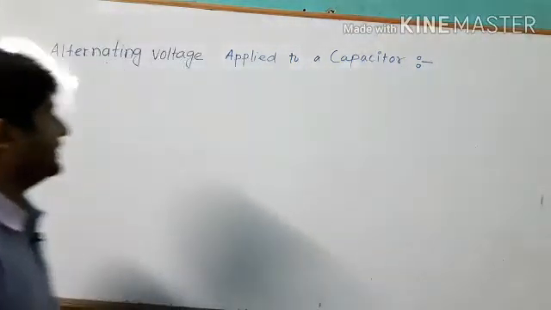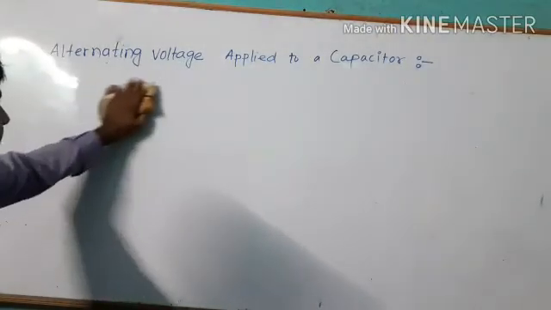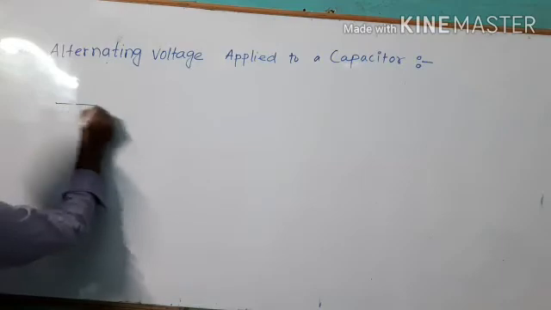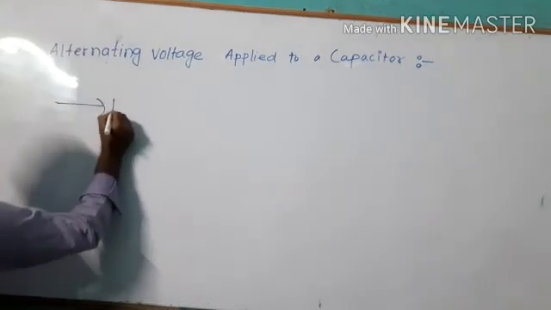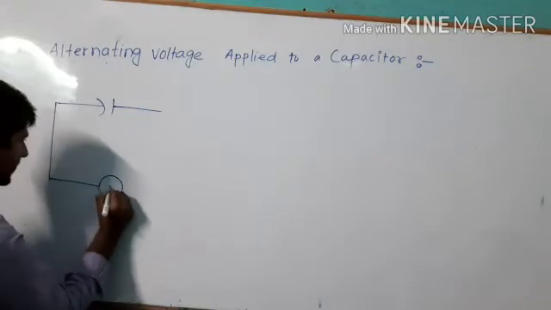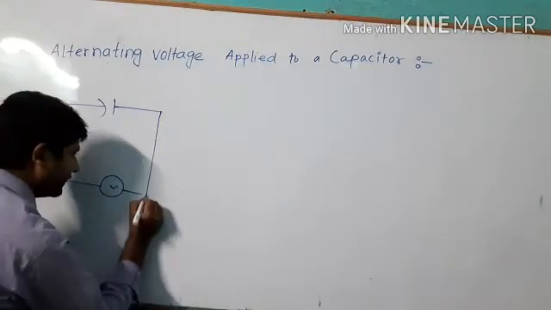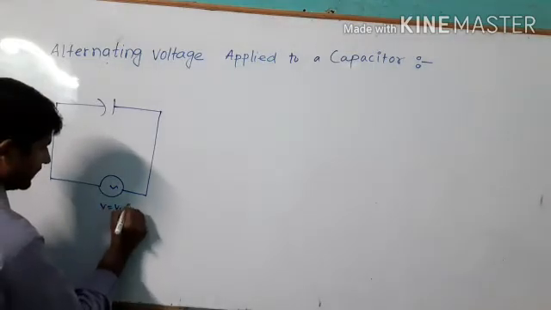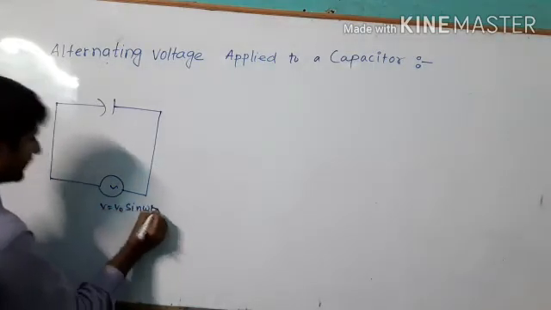Now we will discuss a purely capacitive circuit, that is AC circuit containing only capacitor. Suppose a capacitor is connected with this AC voltage V equal to V0 sine omega t.